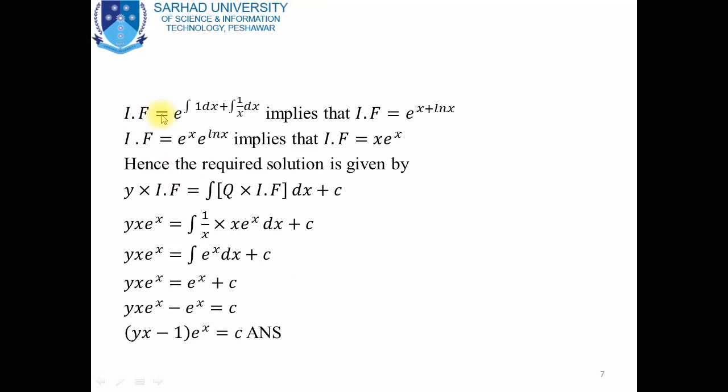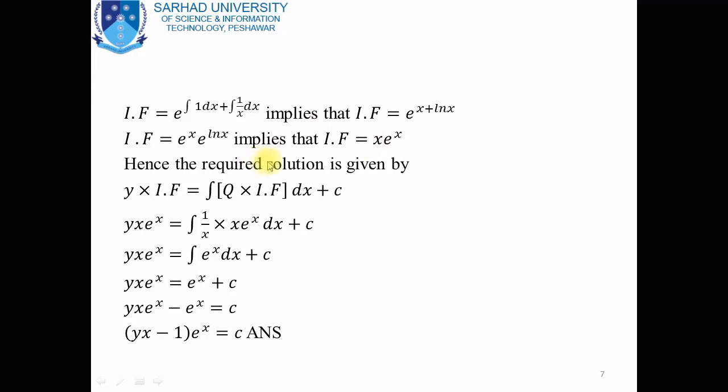Now the integral factor is equal to e^(∫1 dx) times e^(∫1/x dx), and this implies that the integration of 1 is x and the integration of 1/x is log x. So the integral factor can now be written as e^x times e^(ln x), and this implies x·e^x. So this is the integral factor.